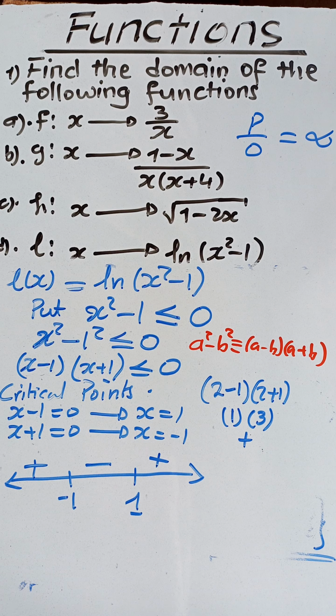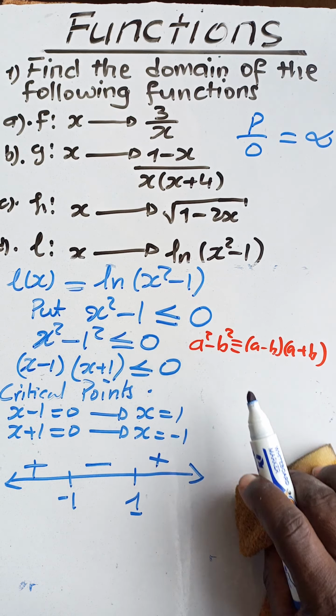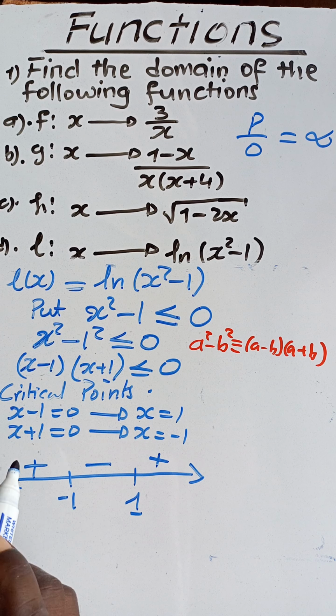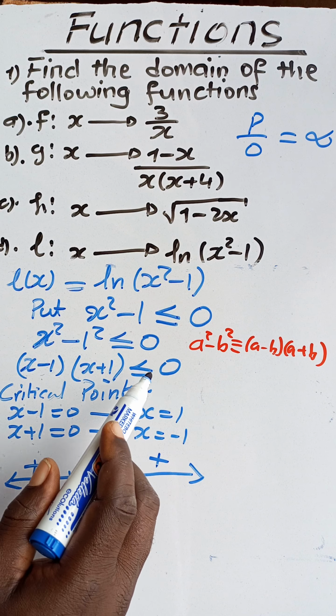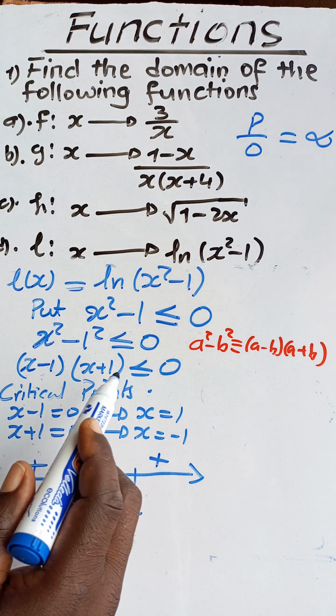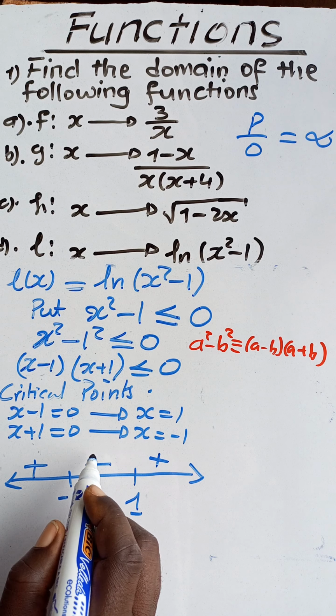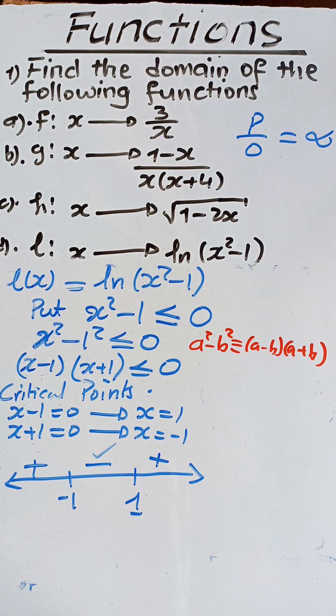But when we look at our inequality, we say less than or equal to 0. So this is actually referring to negative values. Less than 0 means negative values. So the zone that will be acceptable will be this zone.